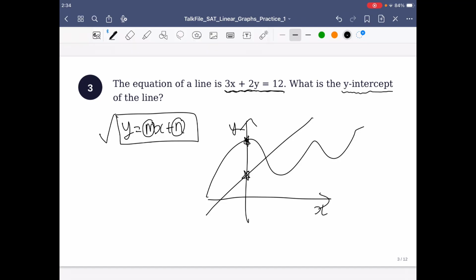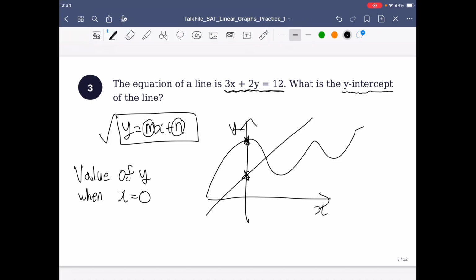The y-intercept is really easy to find because you can just find the value of y when x equals 0. So put 0 into x, then you can find the value of y. That specific y value is the y-intercept.